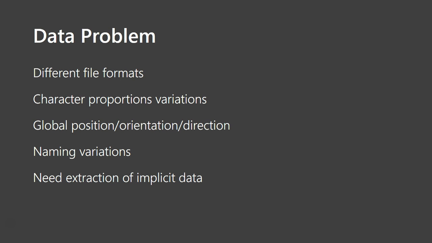You could have naming variations in the data, and you could also need to extract some implicit data like ground contact, foot to ground contact, and also like speed of the joints, or maybe all you have in your data is the orientation of the joints, but you would also need the position of them, and then you need to extract that somehow.